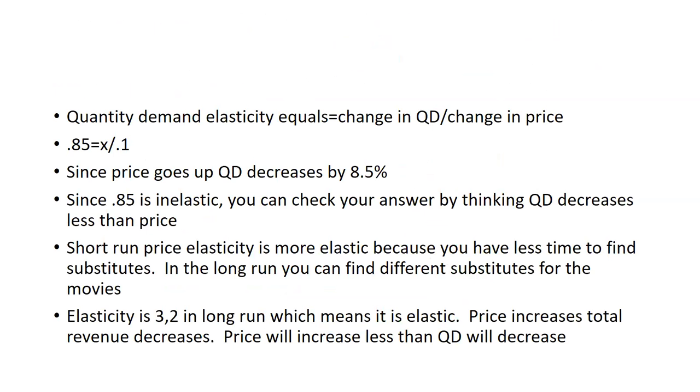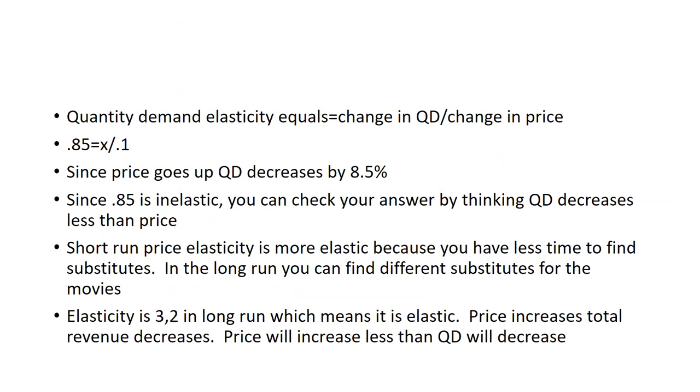All right, the second is they gave you a bunch of information and they asked you what the change in quantity demanded was. They said demand elasticity was 0.85, and there was a 10% change in price.